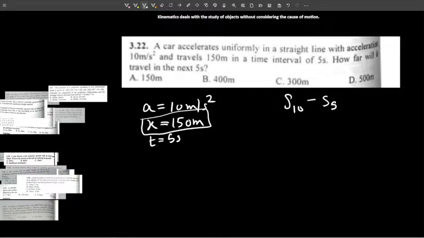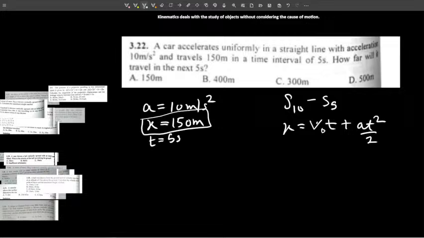So what formula, what values do we have? What can we use to find this? We have a formula that says that s is equals to v naught t plus a t square over 2. I have my time to be 10 seconds already.